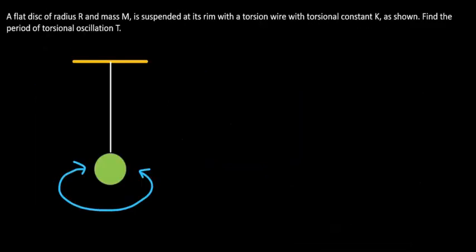Problem 2. A flat disk, that is this one right here, the radius of which is capital R and mass is capital M, is suspended at its rim with a torsion wire with torsional constant capital K as shown. Find the period of torsional oscillation T. So the kind of oscillation that you have, this is the plane of that disk, and this is the axis of oscillation.